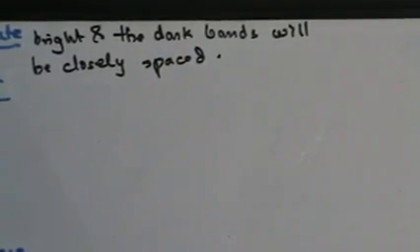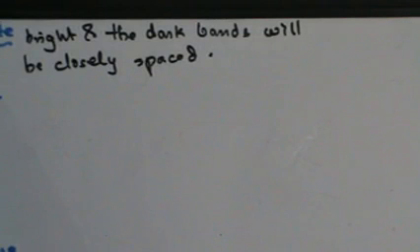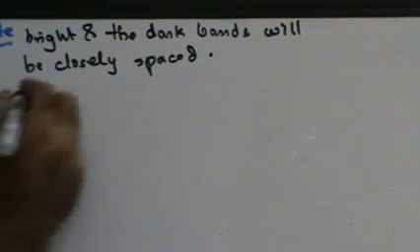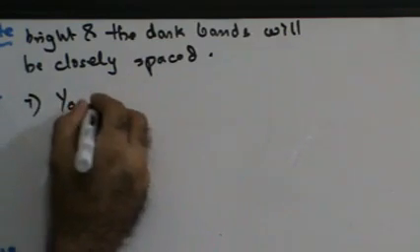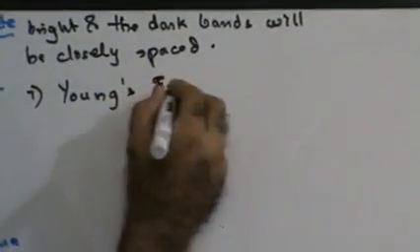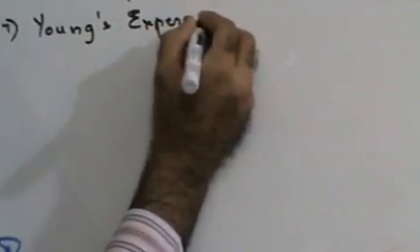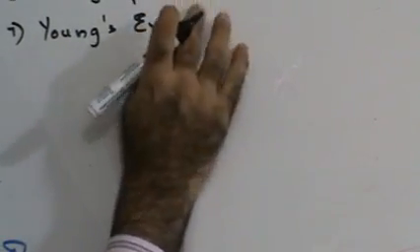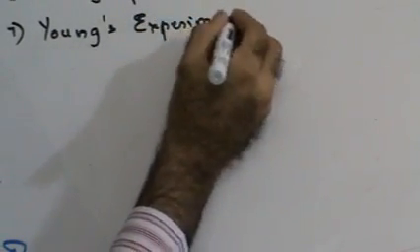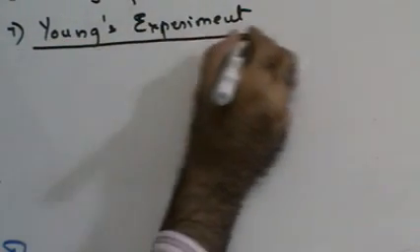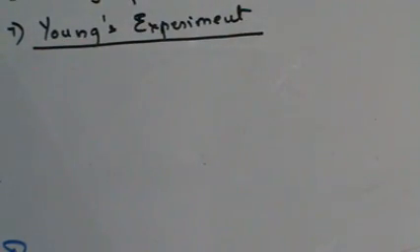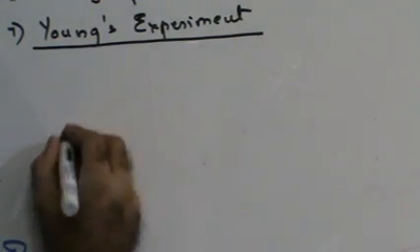So those are the conditions required for a steady state interference. All these conditions were satisfied by an experiment called Young's experiment. His experiment is also called the pinhole experiment, exactly what I showed you for coherent sources.